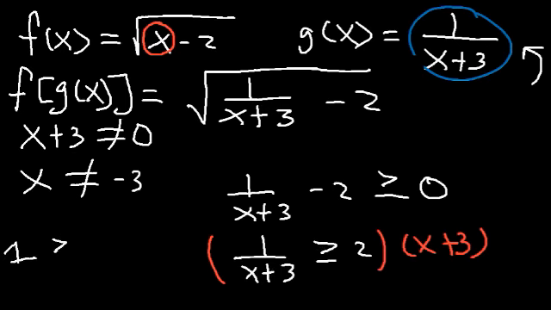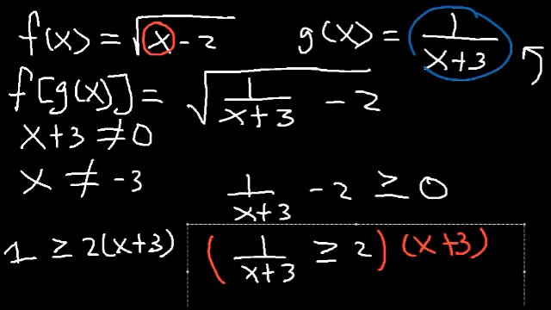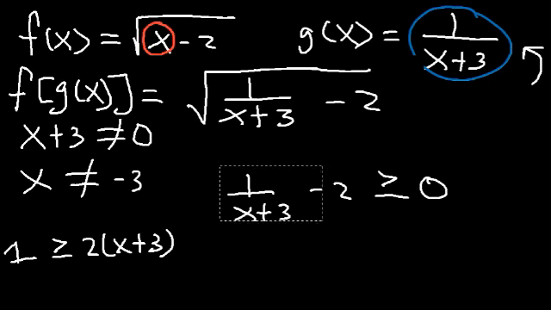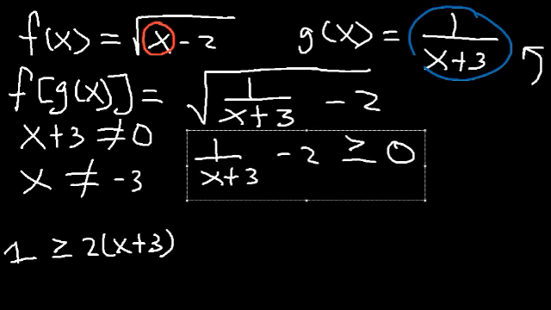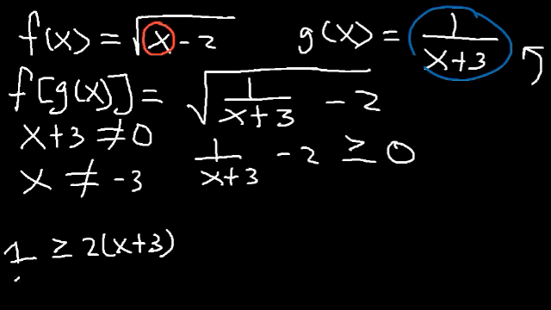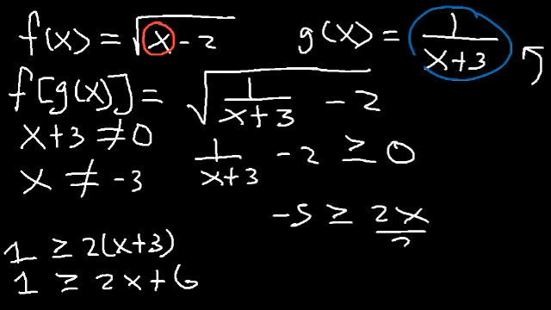On the right side it's going to be greater than or equal to 2 times x plus 3. If we distribute the 2, it's going to be 2x plus 6, and if we subtract 6 from both sides, 1 minus 6 is negative 5. And then we need to divide by 2. So based on this, it appears as if x is less than or equal to negative 5 over 2.